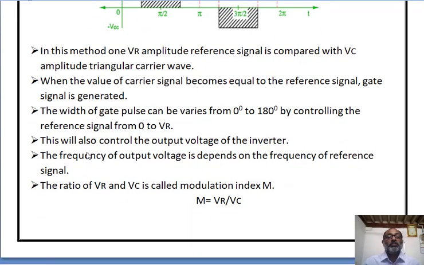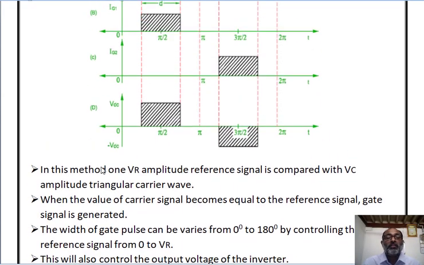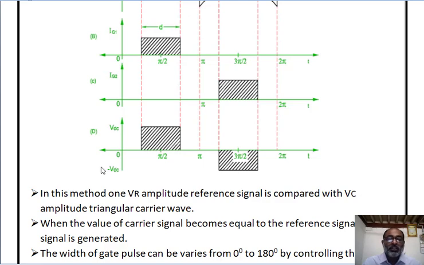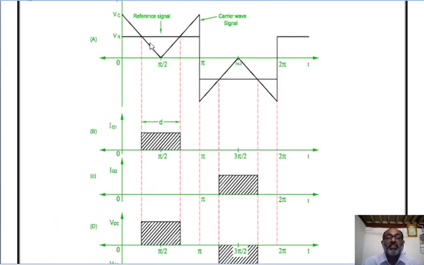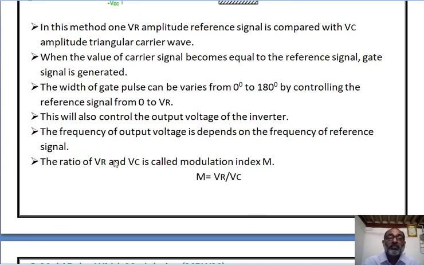Now the frequency of the output voltage depends on the frequency of the reference signal.